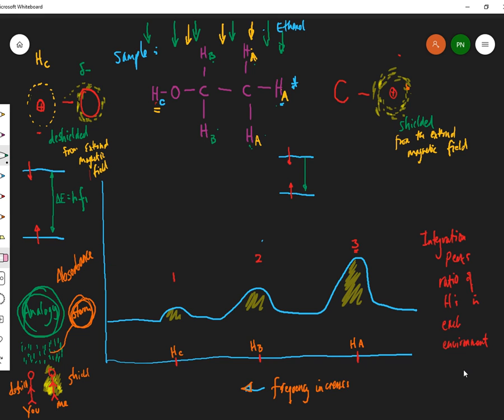Okay, so the energy gap is here. So delta E is equal to hf again, but this is going to be f2. Because these protons experience less of the external magnetic field, their energy gap is less. And these ones experience more of the external magnetic field because they're de-shielded.